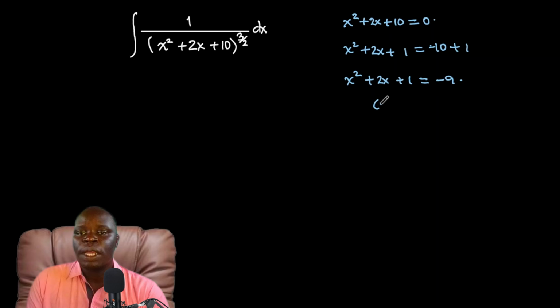Completing our square here, we have x plus 1 square. Now we can bring this together also. So we have here positive 9 because it was negative 9 and we have brought it back to the right hand side.